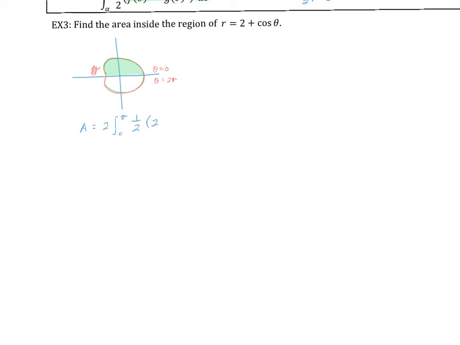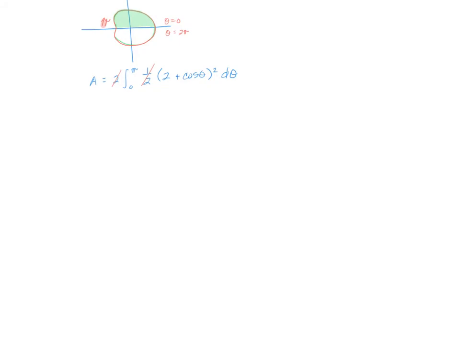So this is the integral of 2 plus cosine theta, quantity squared, d theta. Sometimes you can't use symmetry, but in this case I can. Again, you don't have to. You can just go from 0 to 2 pi and not worry about it.